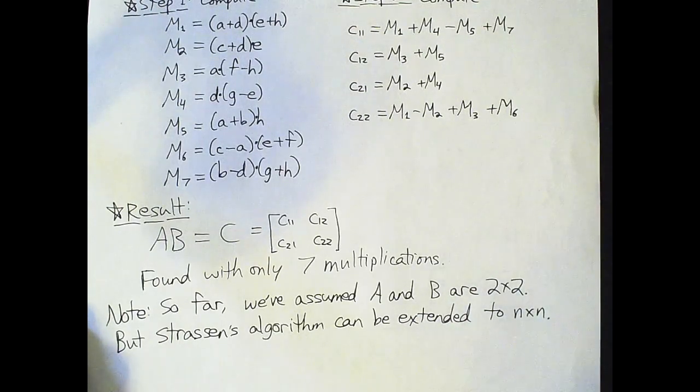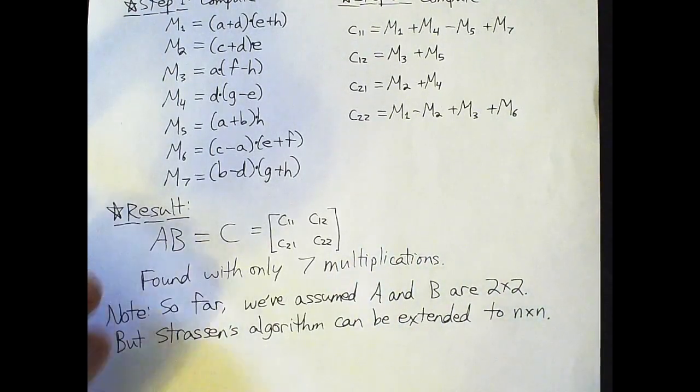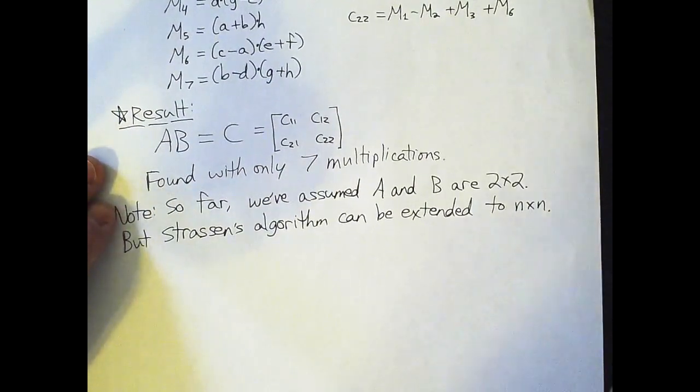Because what if we had 2 very large square matrices and we wanted to multiply them? That's something that might take a while to do by hand. Or if the matrices are really large, it might take a while for a computer to do it. So if you could find a way to get the computer to do it with fewer multiplications, that might be better.